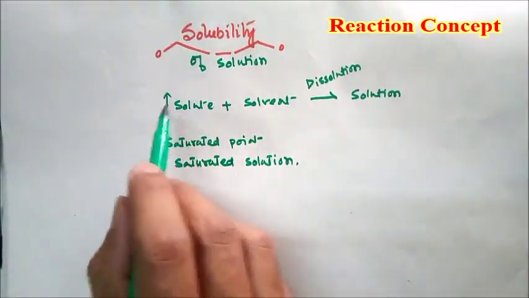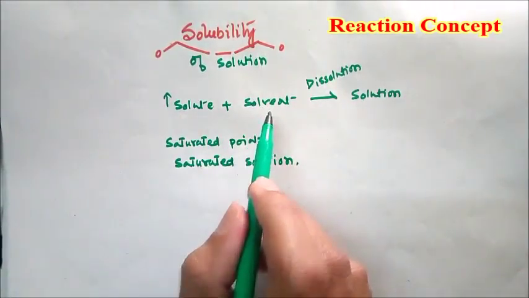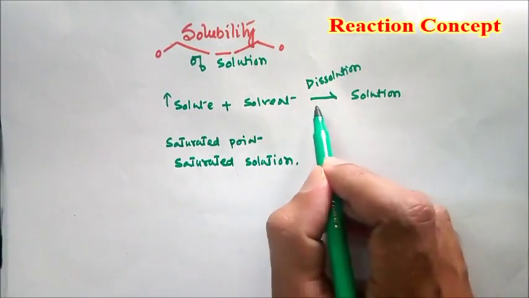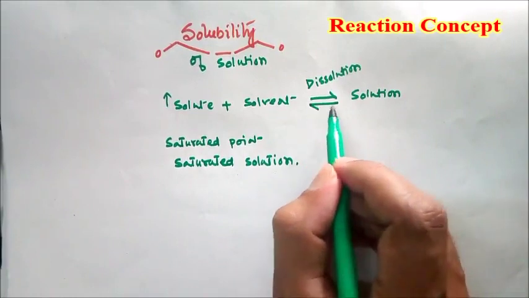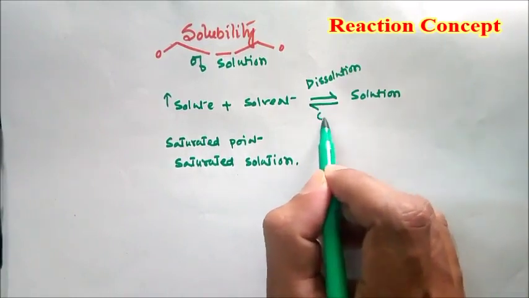After this point, if we add more solute to the solvent, the solute molecules will precipitate in the solution. This reverse condition is called crystallization.